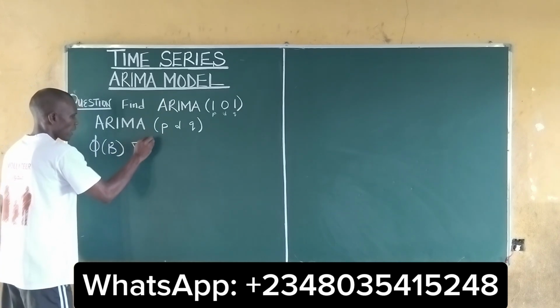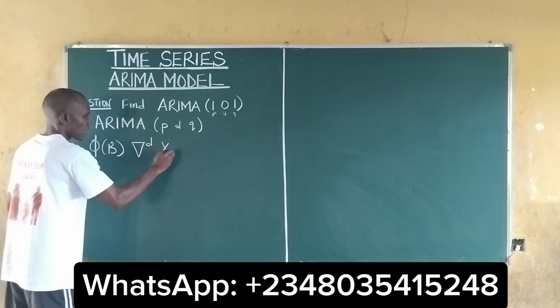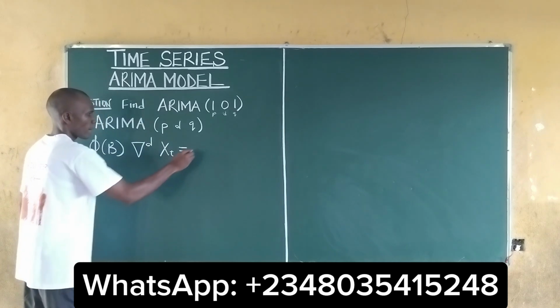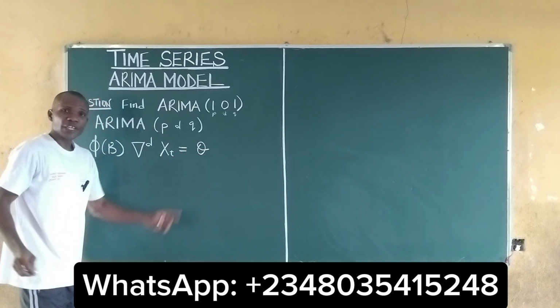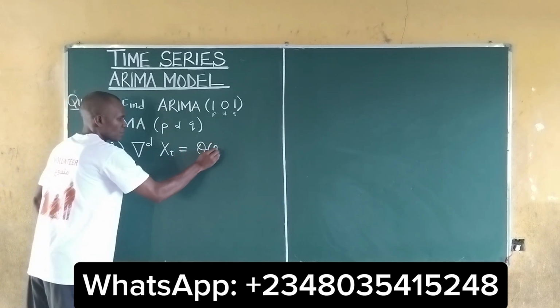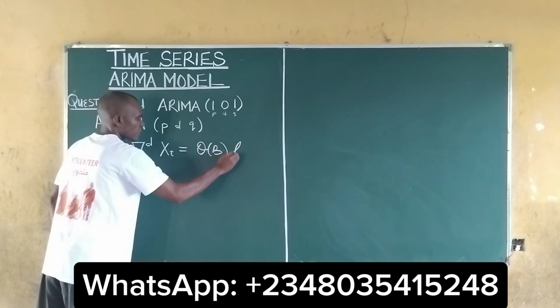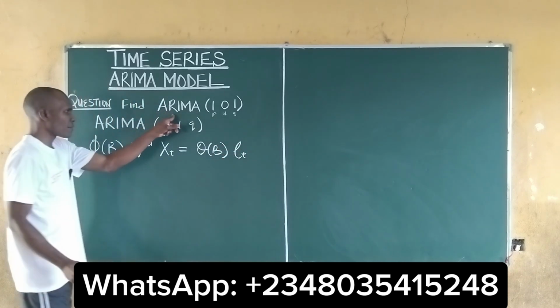We have the differencing part. We have our time series to be equal to the moving average part, which is θ(B), and a_t for ARIMA.